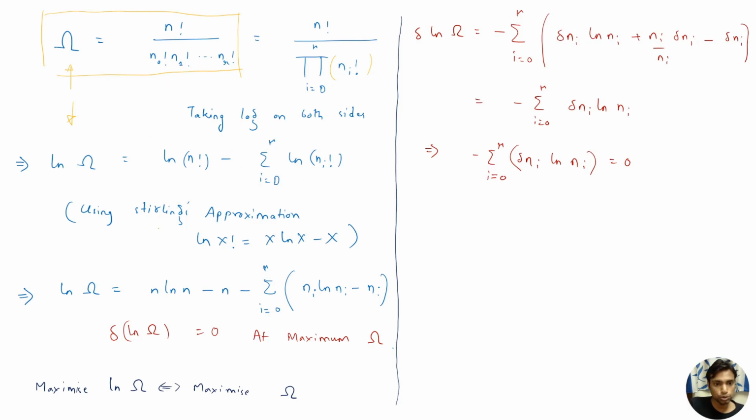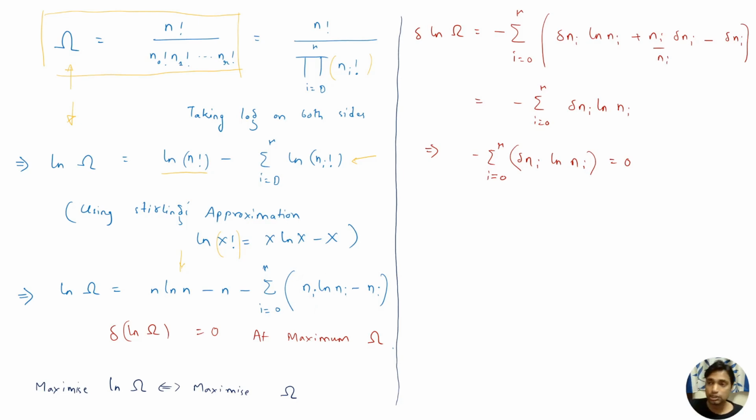Then we are going to use something called the Stirling approximation, which is valid for large x, or large values of numbers. It says that the logarithm of a factorial, let's say x factorial, is x ln x minus x. We are just going to use that for this equation. So ln omega: log of N factorial is N ln N minus N using the Stirling approximation, and similarly here we get Ni ln Ni minus Ni.